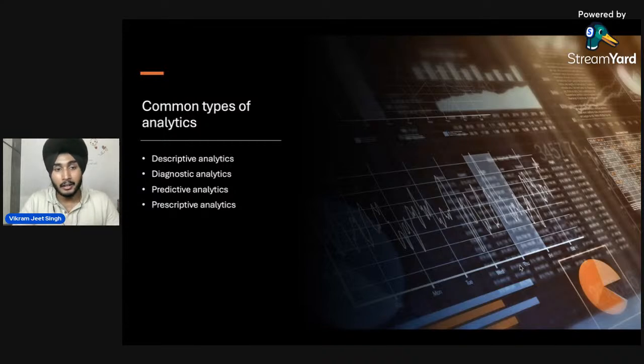They look at the demand of a specific item in a specific area and in their specific store, and based upon that demand they predict in how many days the stock, or you can say the supply, of that item will end, and in how many days they have to provide a new lot so that customers are able to find the relevant product at the relevant time. So this is what happens in prescriptive analytics.